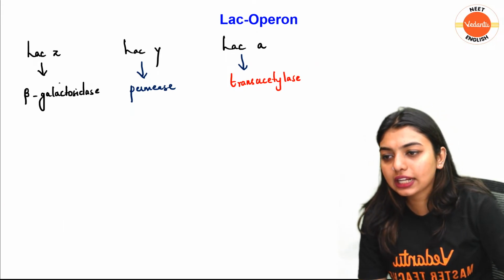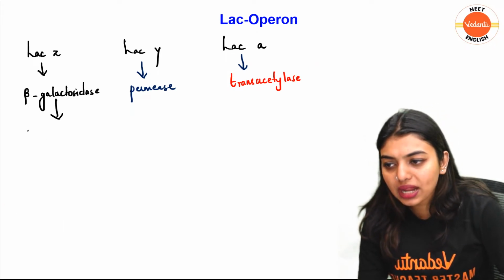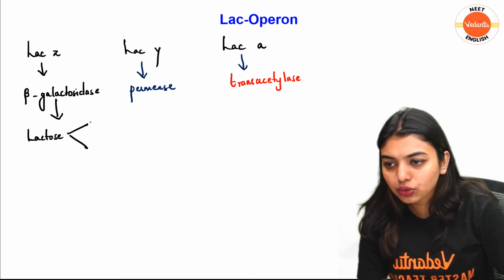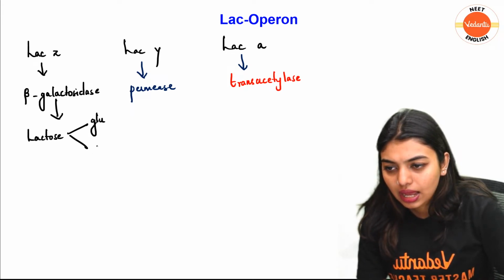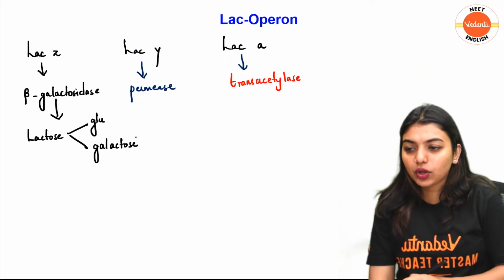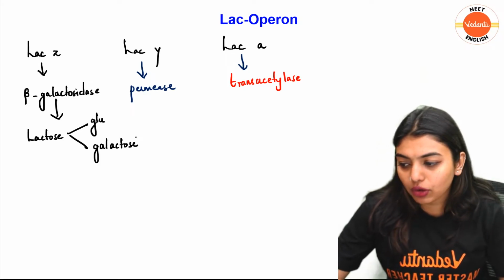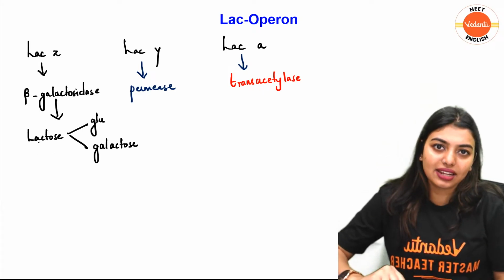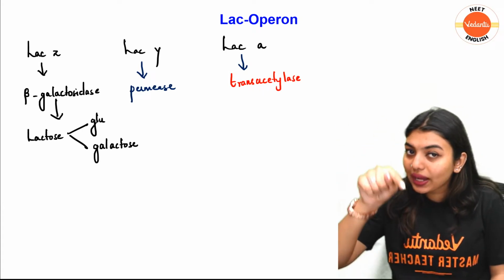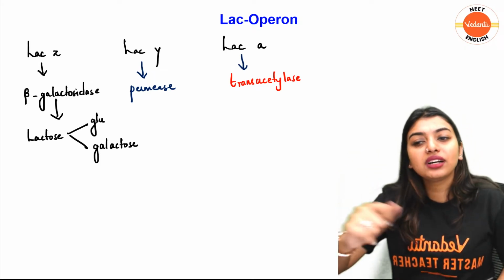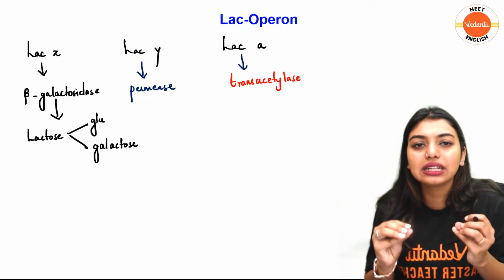Now beta galactosidase is used to break the lactose into glucose and galactose. Clear? This is why I told you it is a leaky model. Because here lactose was there, that is why RNA polymerase reached up to lac Z. But then how come lactose is there? So that is why it is a little leaky model.